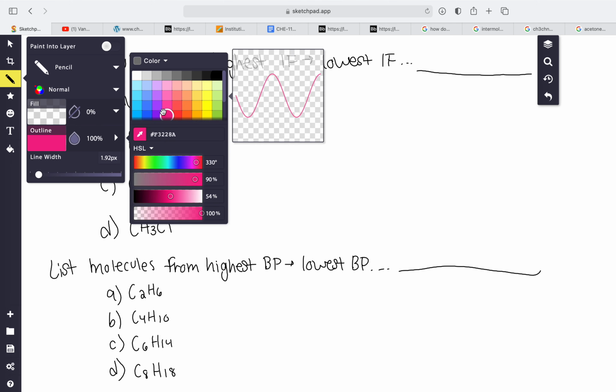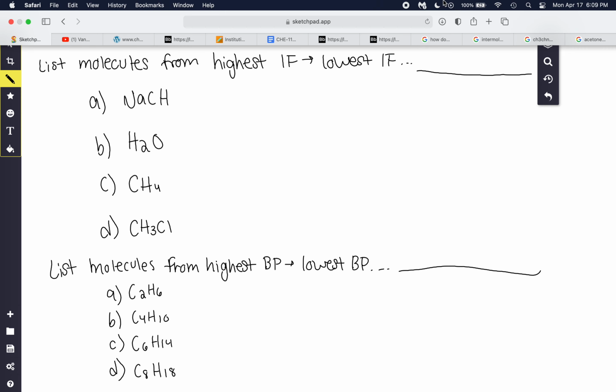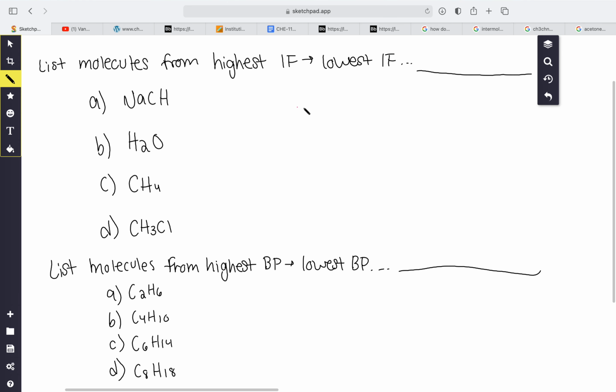Sometimes this program likes to just delete my things, so apologies for having to rewrite those problems, but let's list these molecules from highest intermolecular forces to lowest intermolecular forces. Okay, so the first one is, that's supposed to be NaCl. Apologies for that. Okay, we're just gonna do it this way, I guess.